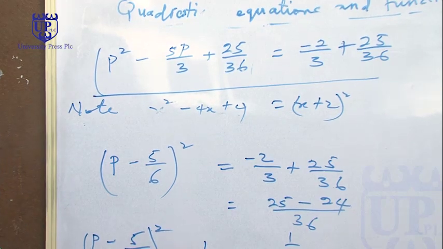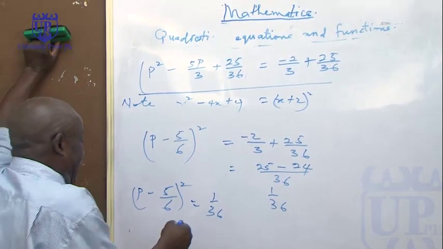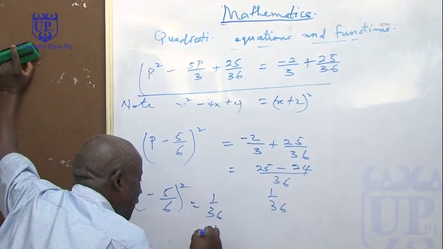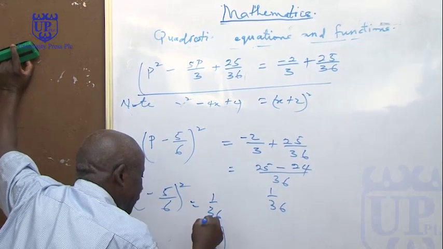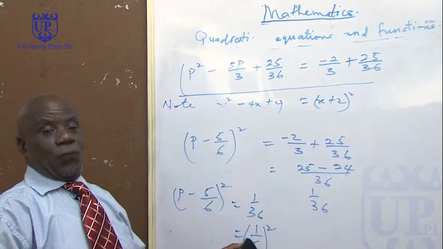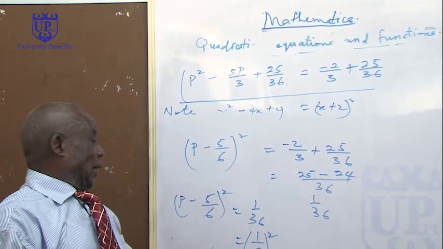Please look up. This is a perfect square. Do you know that this one is also a perfect square? This is the same thing as 1 over 6 all squared. Compare the two. Find the square root of both sides.